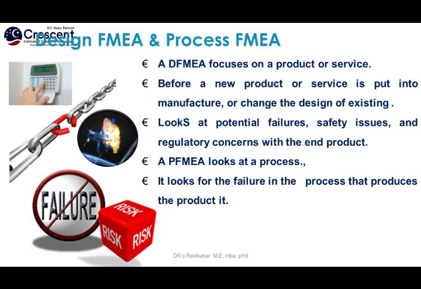Suppose I ask you to find the failure modes of an aircraft. The system is quite complex, right? So the failure modes are also very high. If the system is simple, the failure modes will be fewer and it will be easy for you to analyze. If the system is complex, then you have to find out more failure modes.